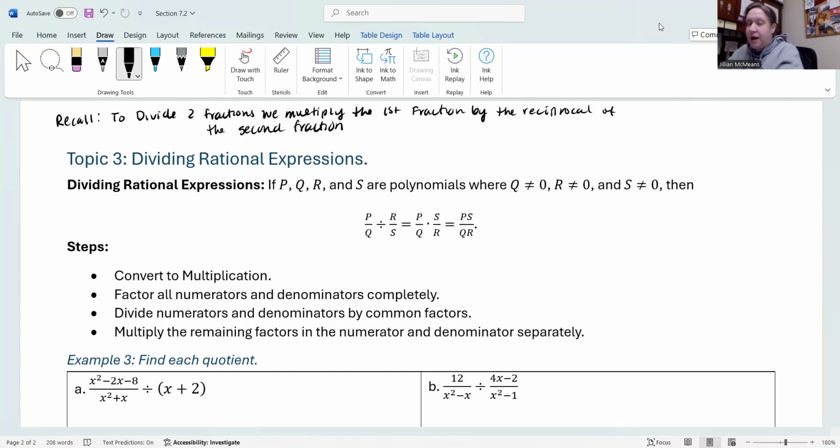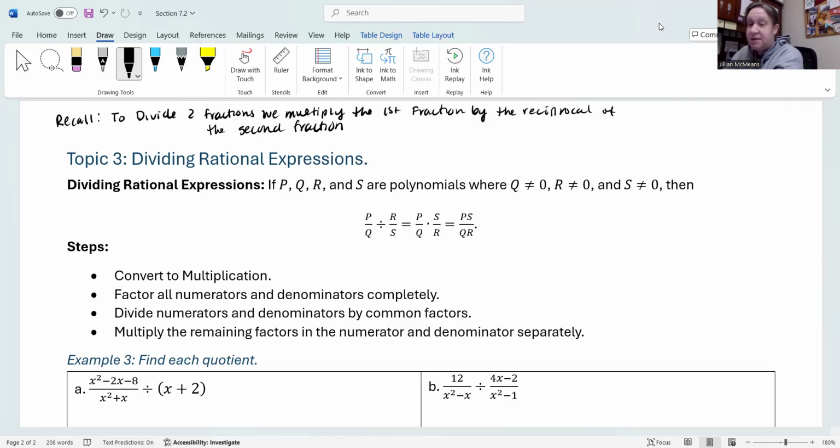So when we're dividing rational expressions, we have P, Q, R, and S, and we're saying, hey, they're polynomials, as long as Q, R, and S don't equal 0, because remember, you cannot have a 0 in a denominator, okay? So we have P over Q divided by R over S. Well, we convert that to multiplication by saying P over Q times S over R. So then we end up getting PS over QR.